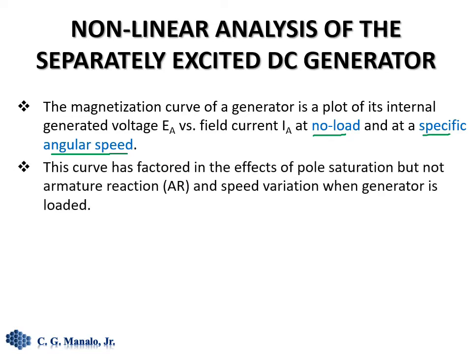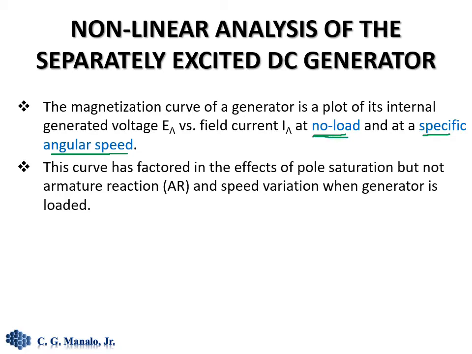This curve has already taken into consideration the effects of saturation of the field poles, but it does not take into account the armature reaction because it is a plot at no load.